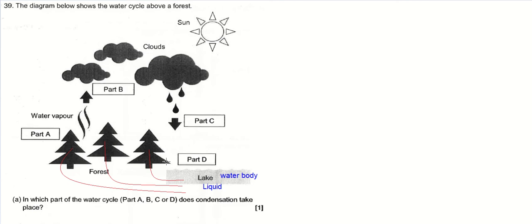The leaves use some water for photosynthesis, but some water escapes through the stomata in water vapor form. Now, water vapor is no longer liquid. Water vapor is gas.